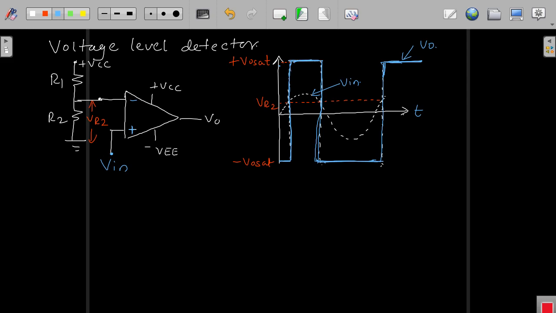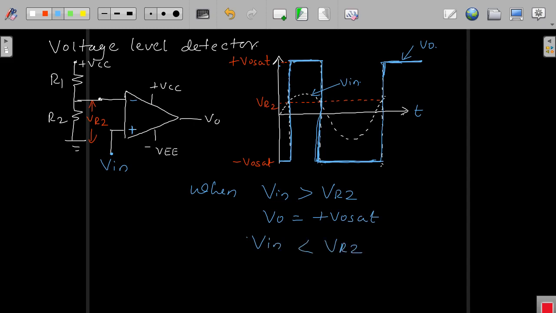Whenever your V in goes below the reference voltage VR2, the output goes to the negative saturation. When V in is above VR2, V0 is equal to plus V0 set. When your V in is less than VR2, V0 is equal to minus V0 set.